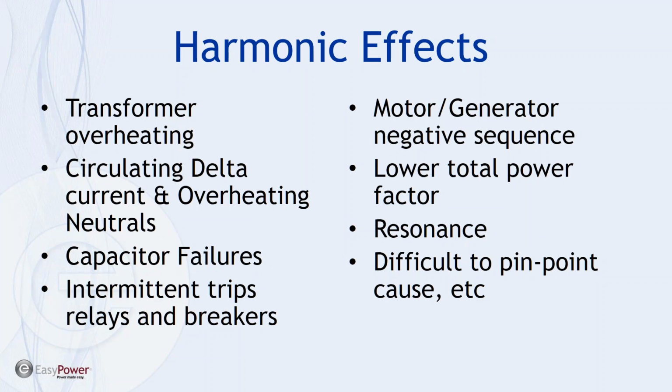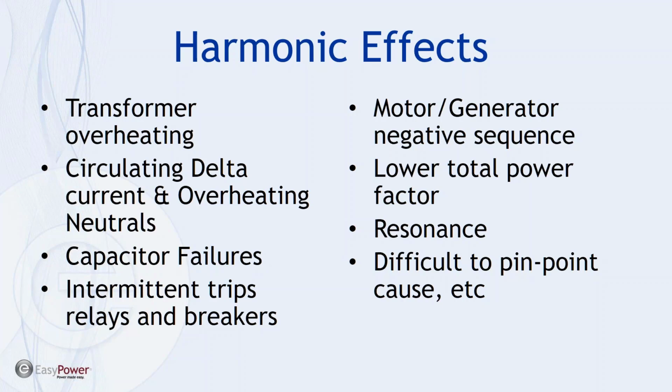We can see capacitor failures, intermittent trips and relays that really don't seem to be explained by the data logging, as far as the power usage. Motor generators or negative sequence operations. Quite literally, in a severe case, we could see reverse rotation.